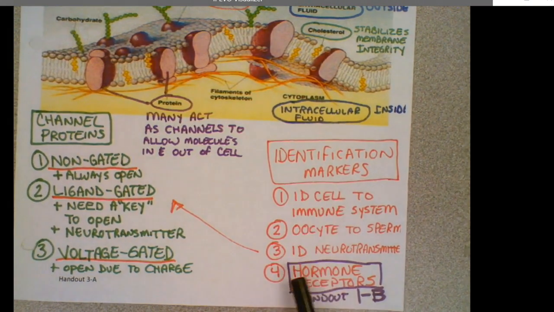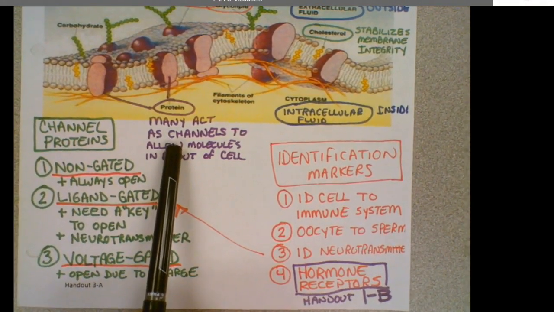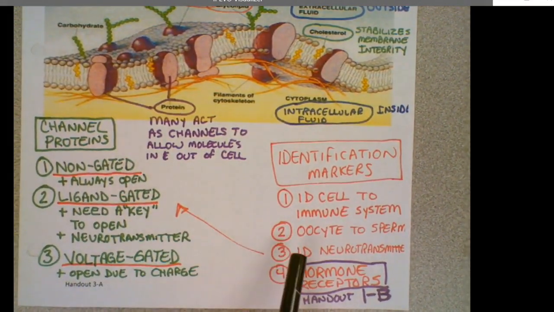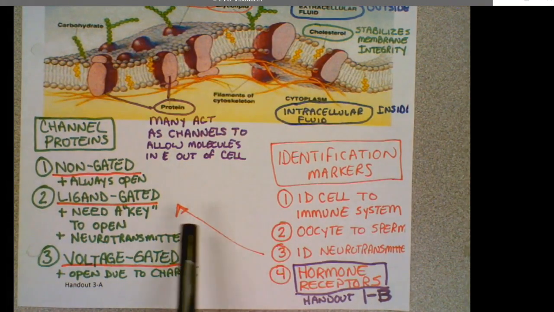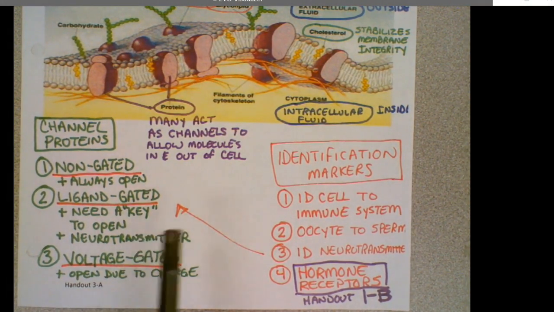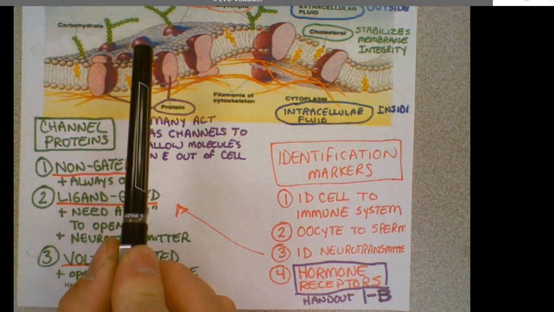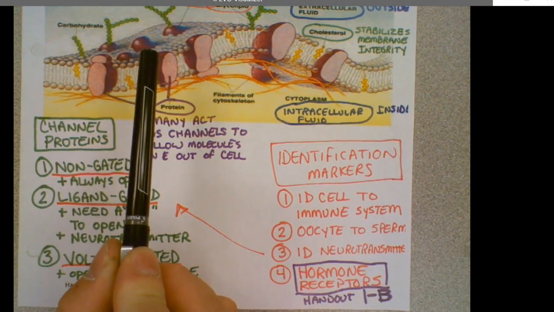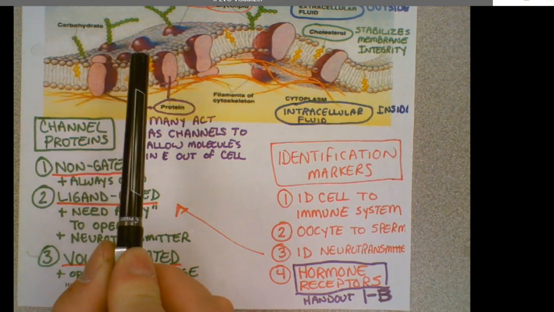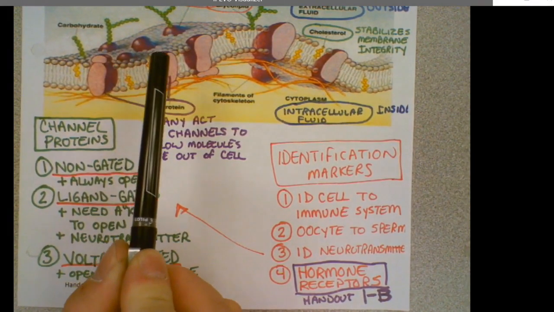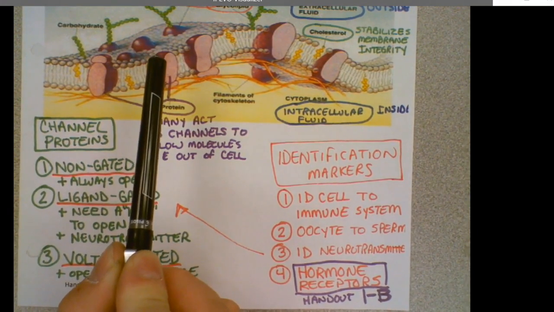Other identification markers are on these channel proteins. So some of these channel proteins need an identification marker so that the neurotransmitter can recognize it. And so we've got identification markers on the channel proteins themselves. The neurotransmitter comes in, latches onto that identification marker, and it knows that it's at the correct spot.